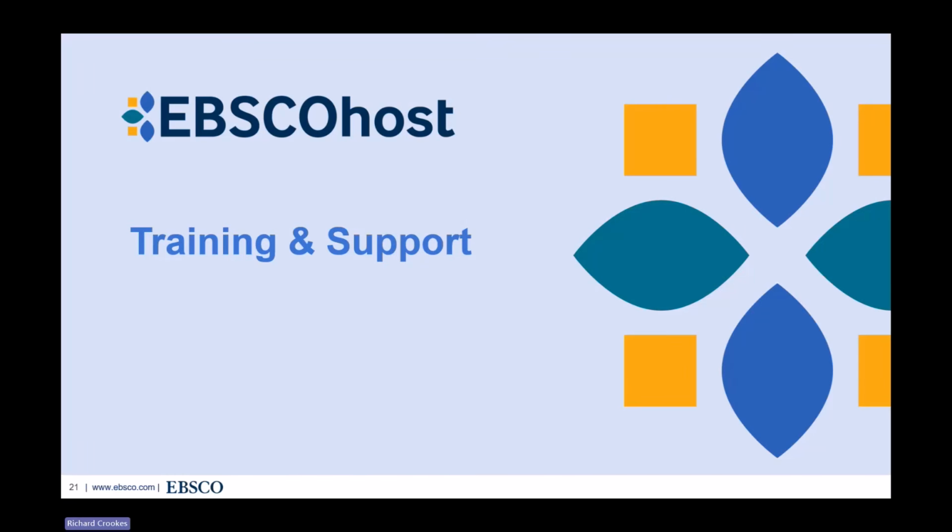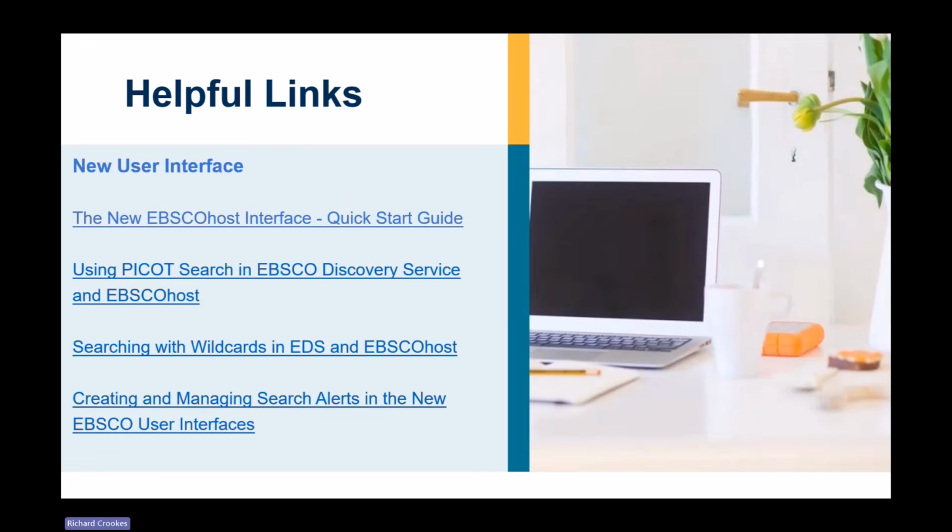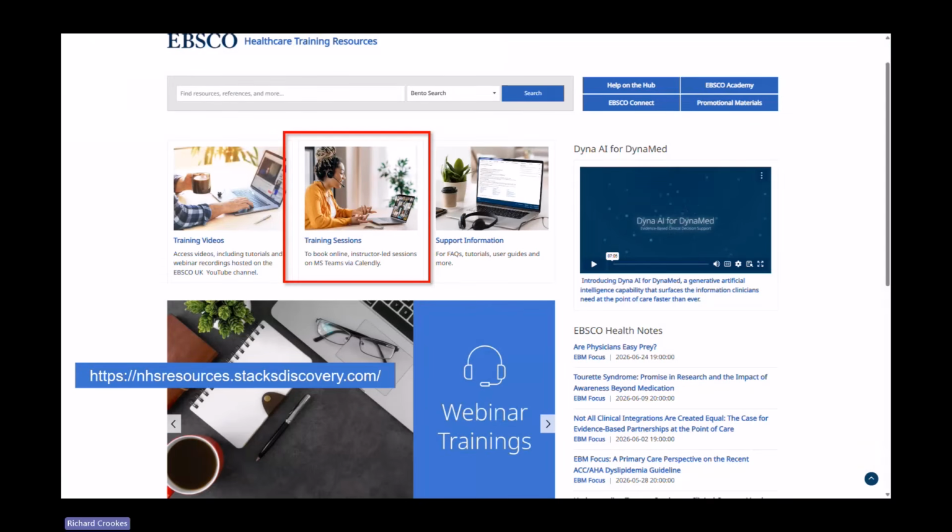But in terms of training support, I have included some links there to the quick start guide. We didn't get time to look at the PICO search app directly, but there is information on how that's used, more information on searching wildcards, and also creating and managing alerts in this interface as well. Okay, and of course, I've been updating the EBSCO Healthcare Training Resources portal with new sessions for August.